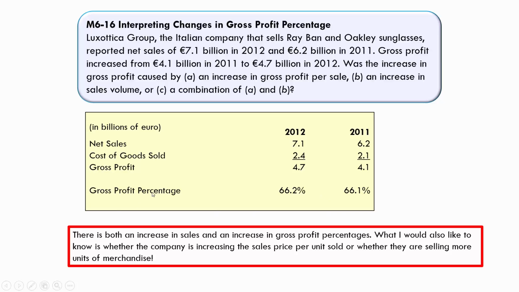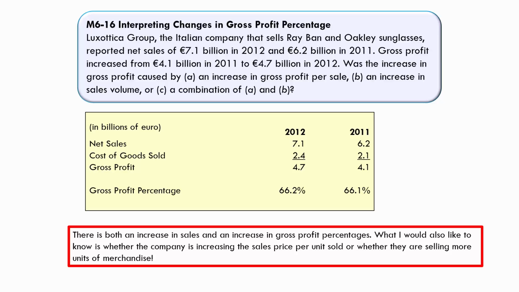To calculate gross profit percentages, we would put this gross profit number over this sales number and multiply by 100 to put it in this format. If you just kept it as this number divided by this number, you would get 0.662, and I know most of you would see that's 66.2%.